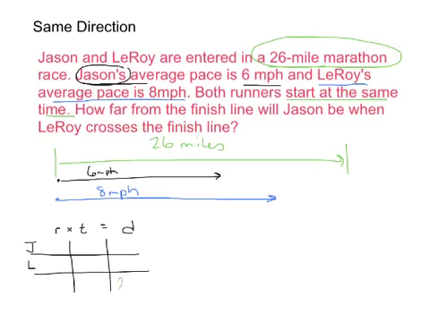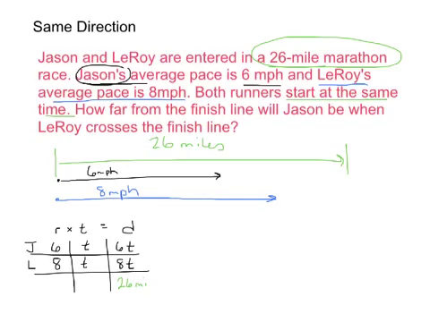The total distance is 26 miles, so I'm just going to put that down there to remember it. Jason's rate is 6 miles per hour. Leroy's is 8. Since they are leaving at the same time, they're going to be traveling for the same amount of time. So Jason is going to travel 6t. Leroy is going to travel 8t.